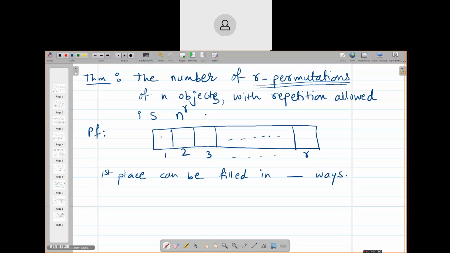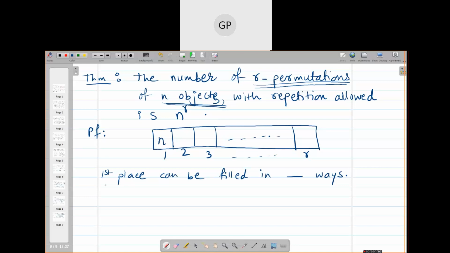N choices. You have N objects and R places to fill in, so for the first place I have N choices.